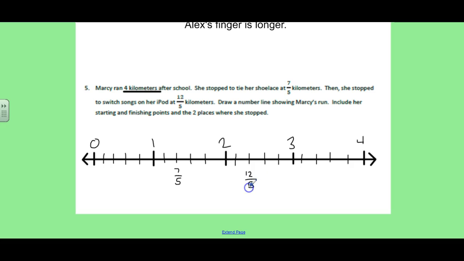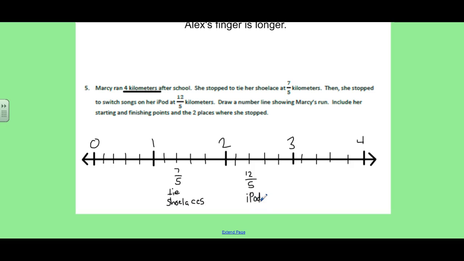And I know that 7/5 was to tie her shoelaces, so I'm going to write tie shoelaces right here. And then I know that 12/5 was to change the song on her iPod, so I'm going to put iPod on 12/5. So we labeled the number line from her starting point to her finishing point.